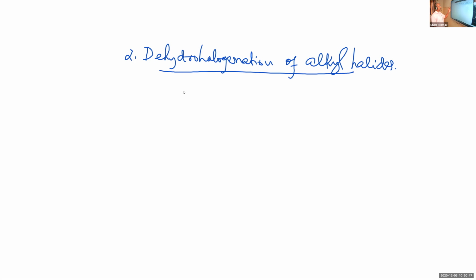Then dehydrohalogenation. What is meant by dehydrohalogenation? First, what is a hydrogen halide? We can write it as HX, for example HCl, HBr, HI: hydrogen chloride, hydrogen bromide, hydrogen iodide.